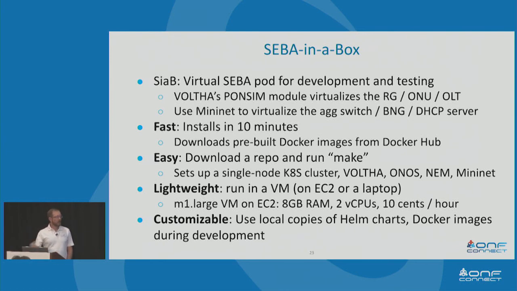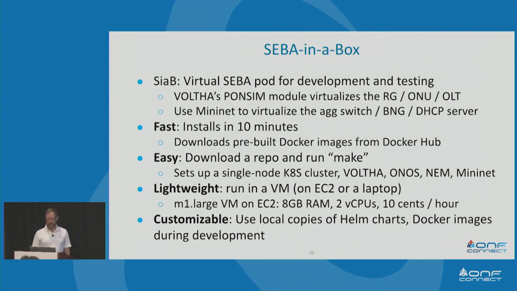SEBA-in-a-Box is lightweight. So you can run it in a VM on your laptop. I regularly do that. You can run it in EC2. So if you wanted to run it, say, in EC2, then you can run it in a VM with pretty modest requirements. 8 gigs of RAM, 2 CPUs, that costs about 10 cents an hour.